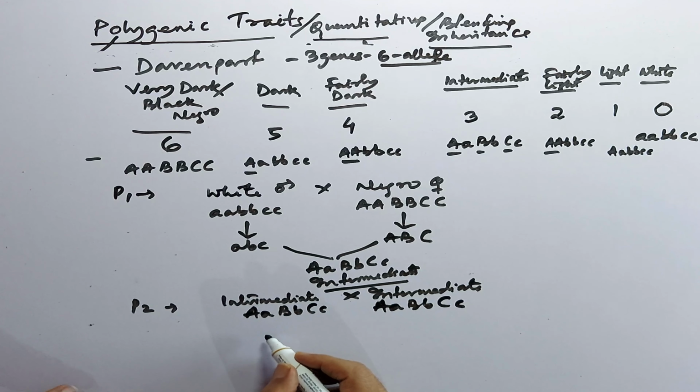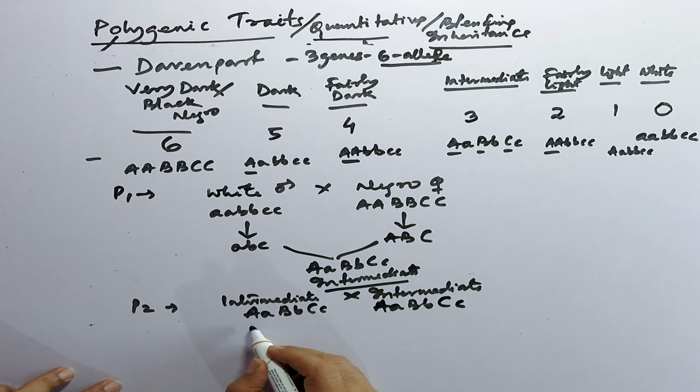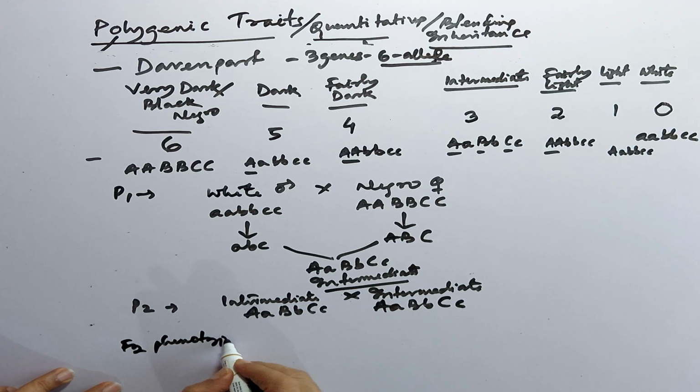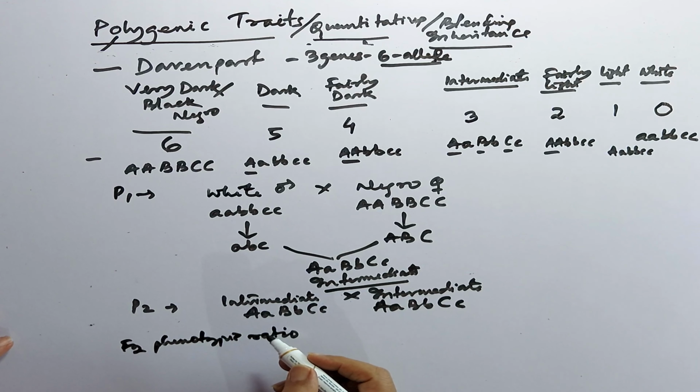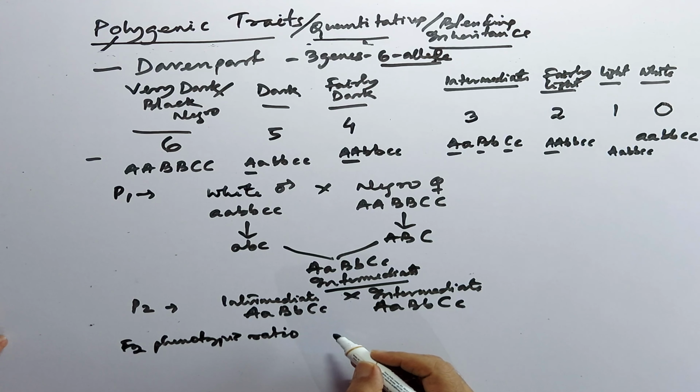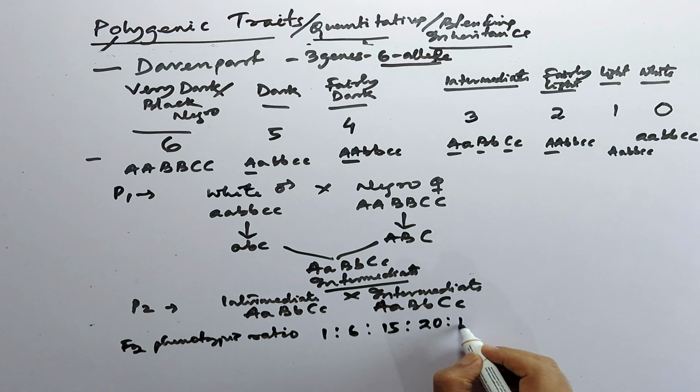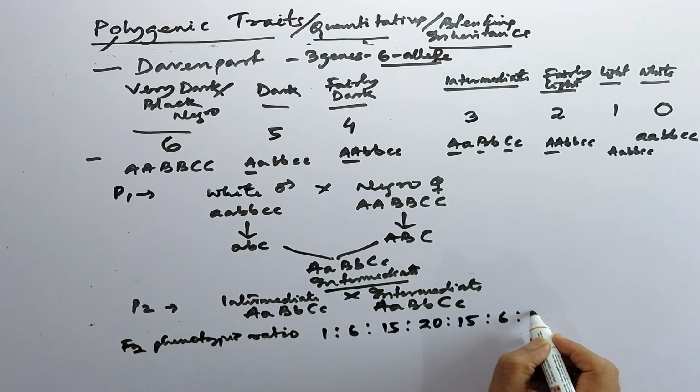So you will get the ratio. This will give you 8 different types of gametes, and you will find the F2 phenotypic ratio of 1:6:15:20:15:6:1.